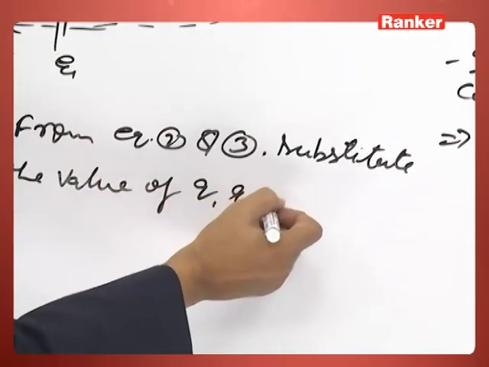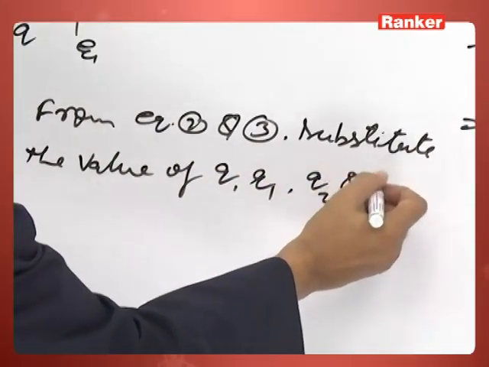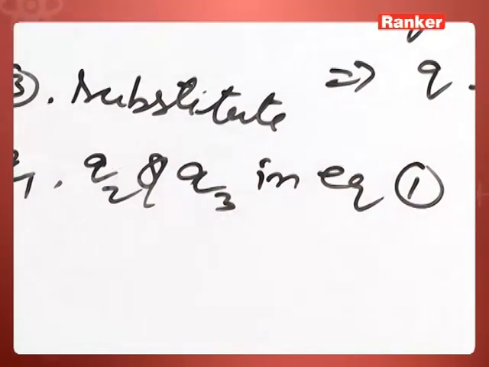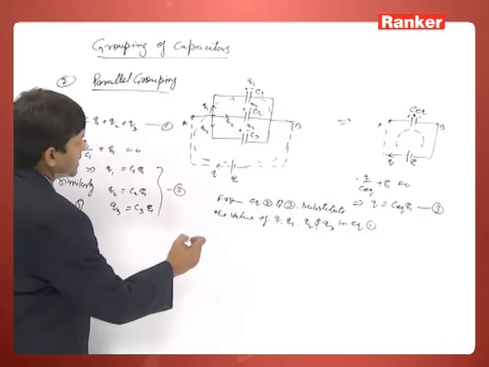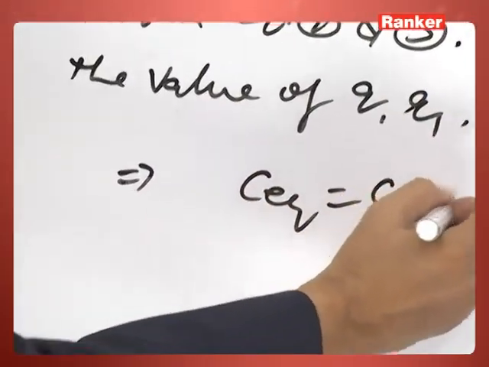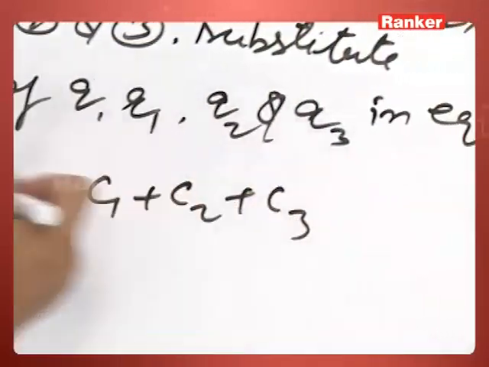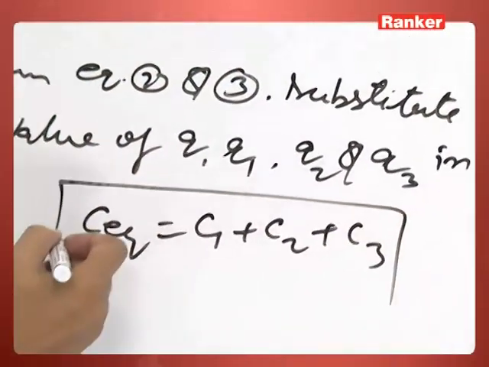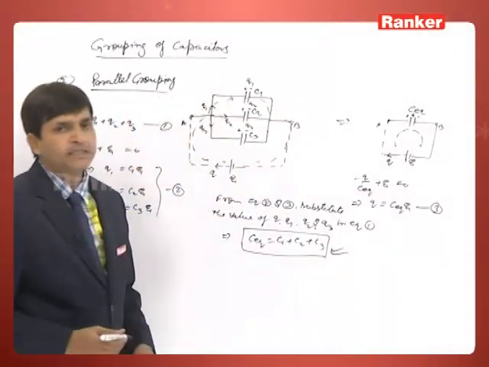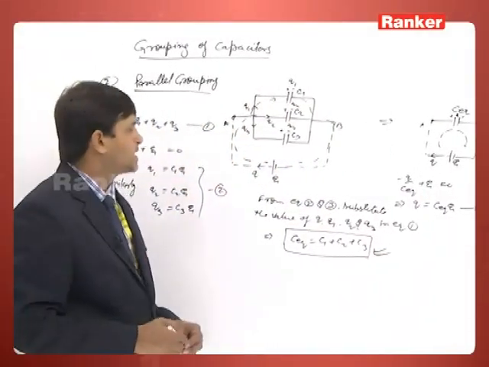What we will get is C equivalent is equal to C1 plus C2 plus C3. This is your net result if these are in parallel combination.